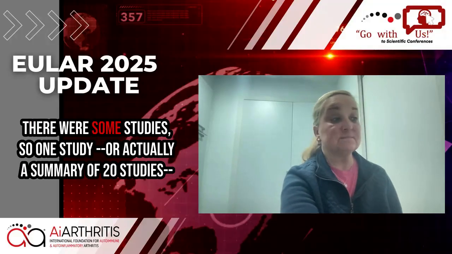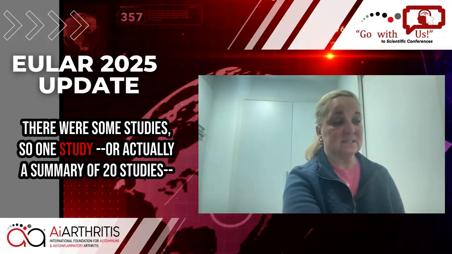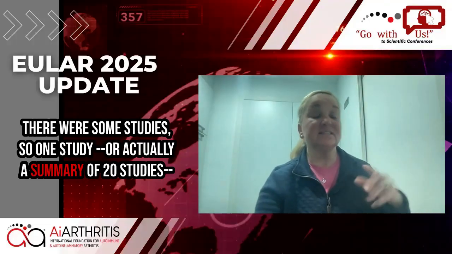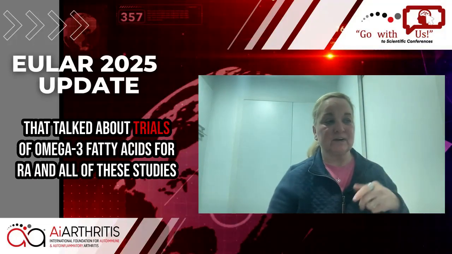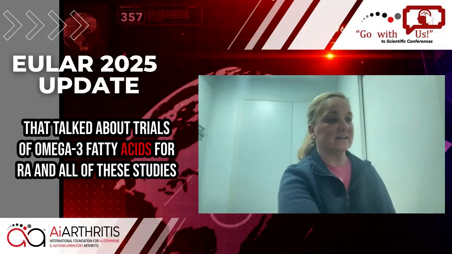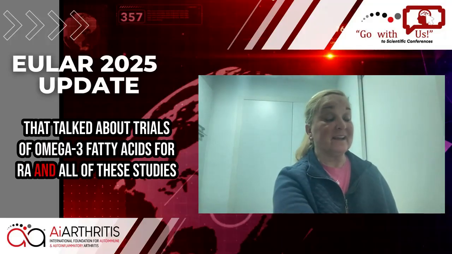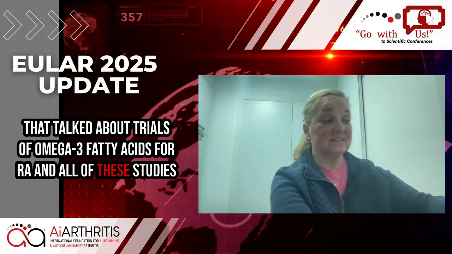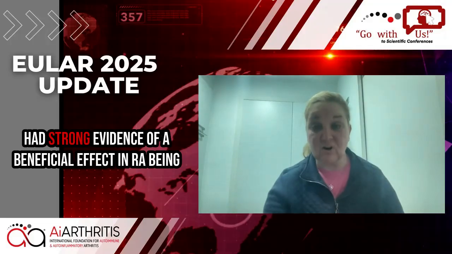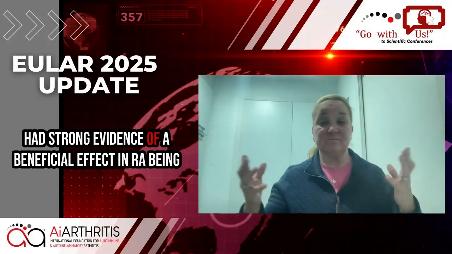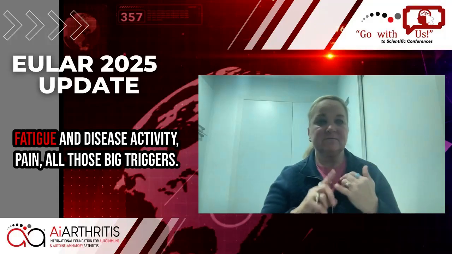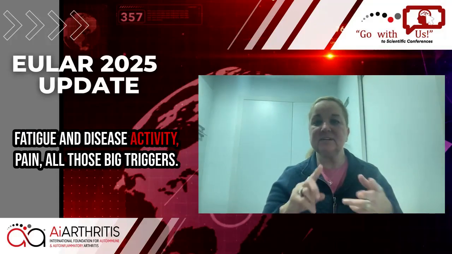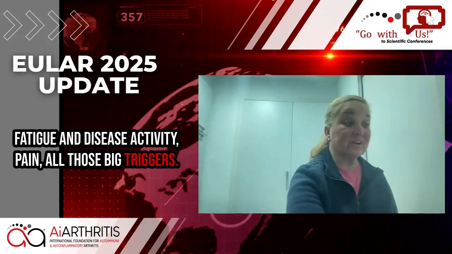There were some studies. So one study, or actually a summary of 20 studies, talked about trials of omega-3 fatty acids for RA, and all of these studies had strong evidence of a beneficial effect in RA, being fatigue and disease activity, pain, all those big triggers.